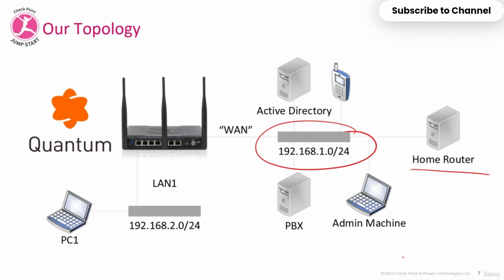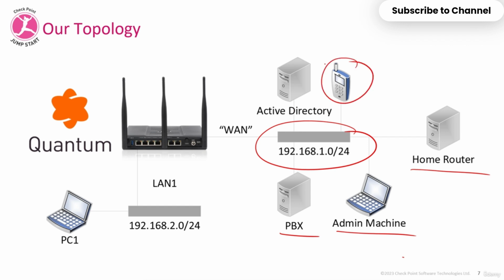The network it's managing is 192.168.1.0/24. It's a Class C network. On this network, I have my own PC, which I'm going to use to manage it all. That's going to be my admin machine. I have a PBX server, which will allow me to conduct voice over IP calls within my network.